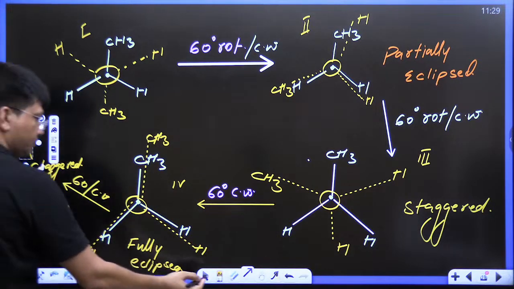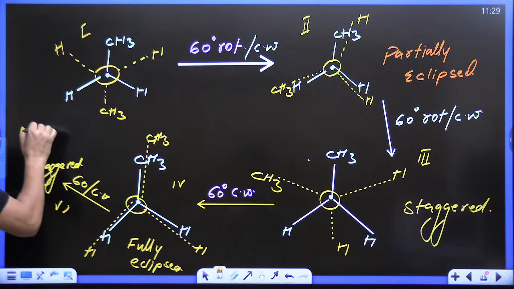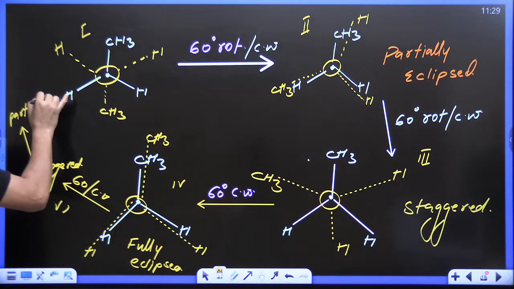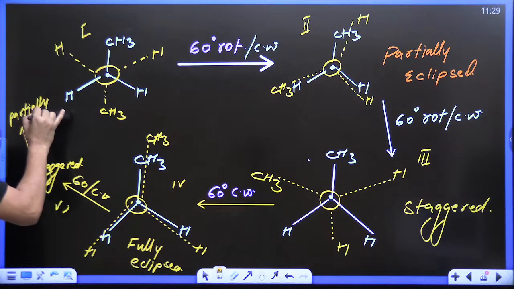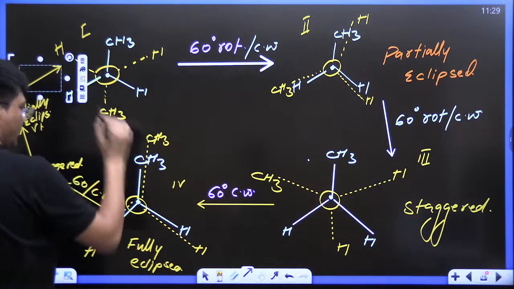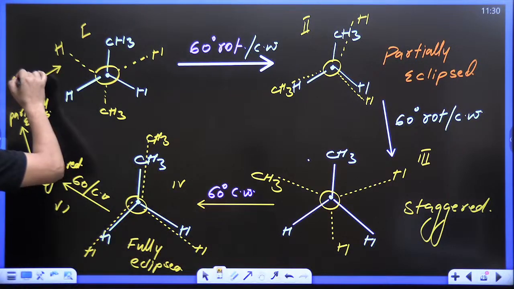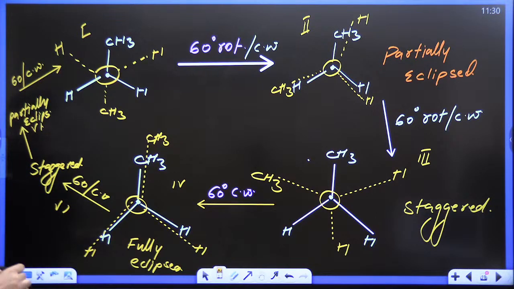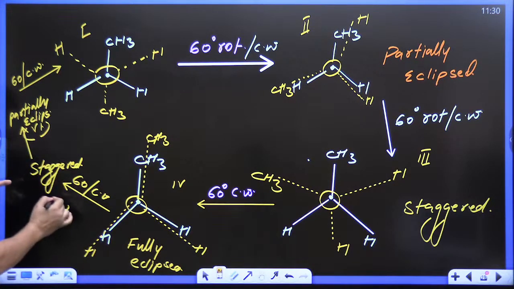This is, let's say, the sixth structure, partially eclipsed. And then by 60-degree rotation, we are going to get the same structure. So kids, this is the sixth form, this is the fifth form.